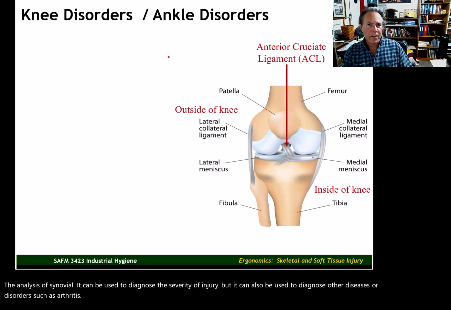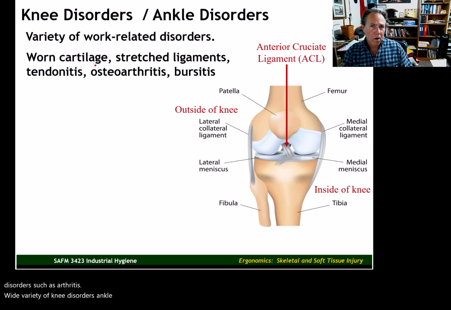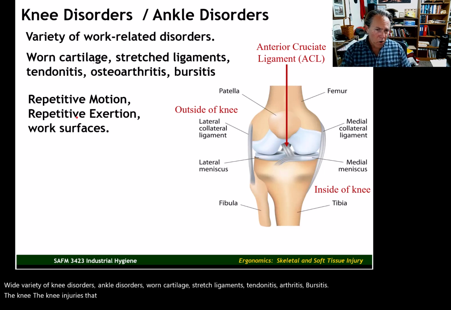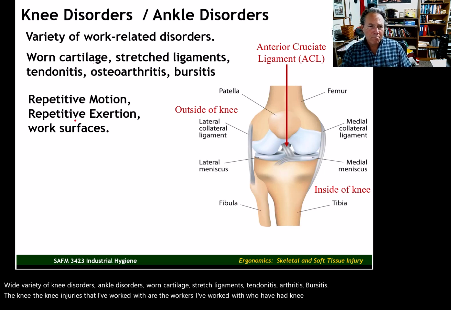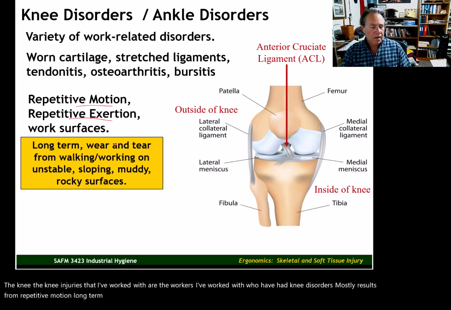Wide variety of knee disorders, ankle disorders, worn cartilage, stretched ligaments, tendinitis, arthritis, bursitis. The knee injuries that I've worked with, or the workers I've worked with who have had knee disorders, it mostly results from repetitive motion, long-term wear and tear.